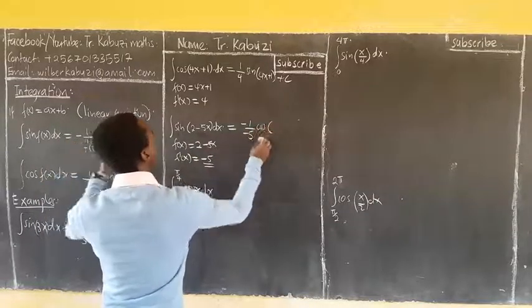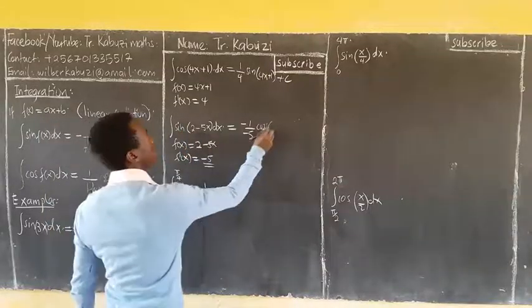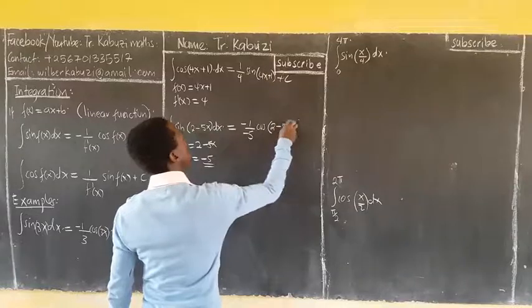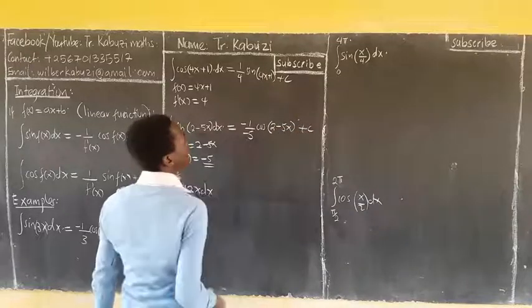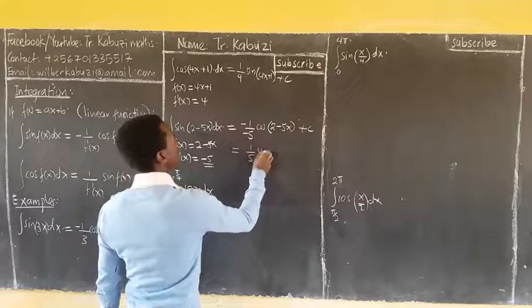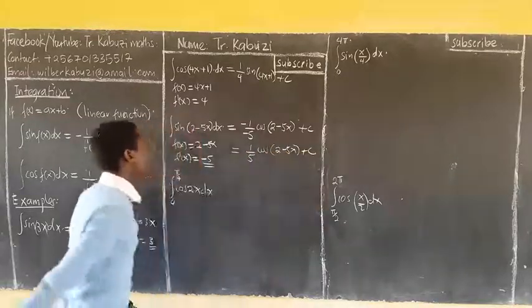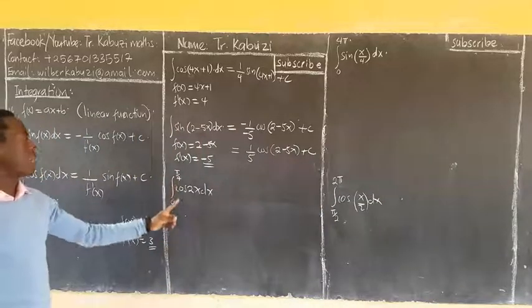Then cos of the same angle, because integrating sine gives cos. Then plus 3, because I don't have limits, this negative and this negative give me plus 3.